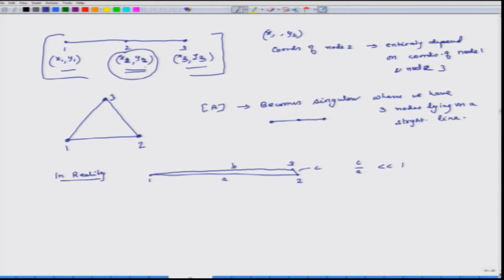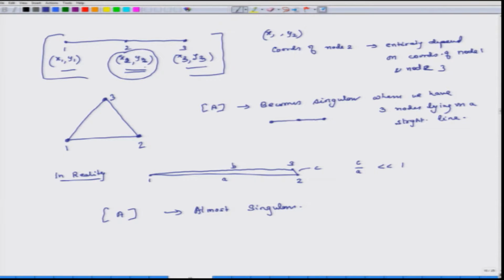Which means the A matrix mathematically will not be singular, because the nodes do not lie on a straight line, but it will be almost singular.